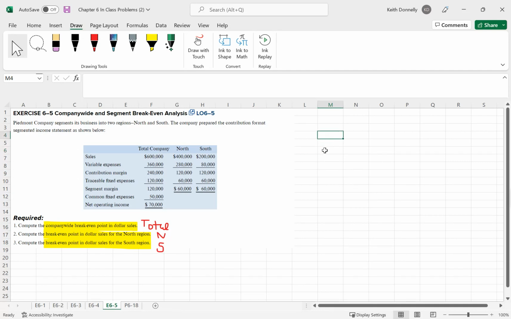The idea is if we're going to start from company-wide and we're looking at break-even point in dollar sales, the equation for this, maybe I'll just write it.